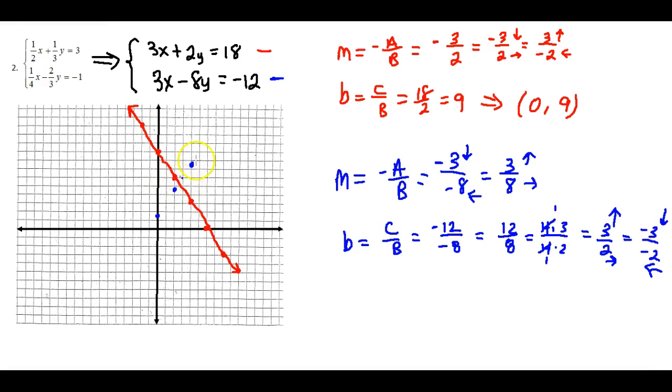So all we need to do now is connect our line. And so here at this particular point is approximately where it would cross. So this will conclude our initial examples on how to solve a system of linear equations by graphing.